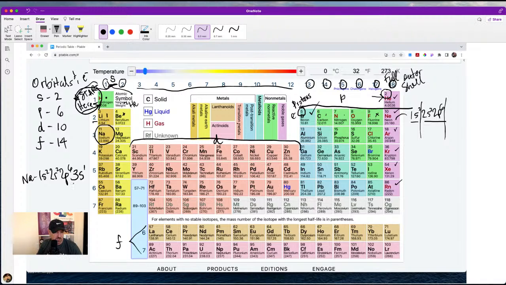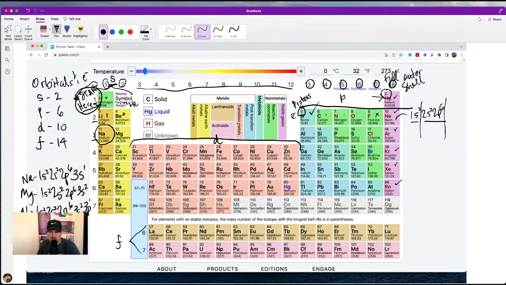Guess what magnesium is? Magnesium is 1s2, 2s2, 2p6, 3s2. 3s orbital. How many? 2. Then jump across, and then aluminum is 1s2, 2s2, 2p6, 3s2, 3p1.